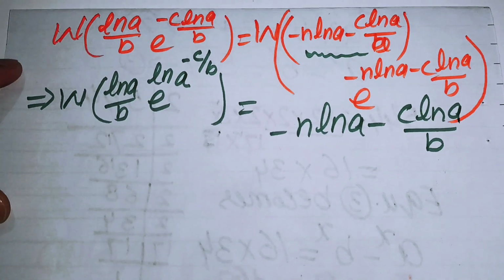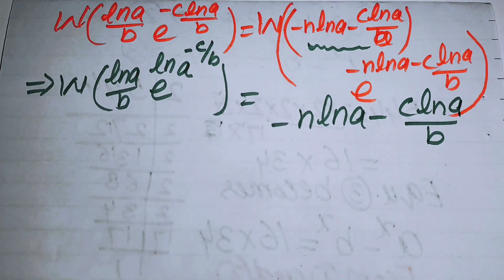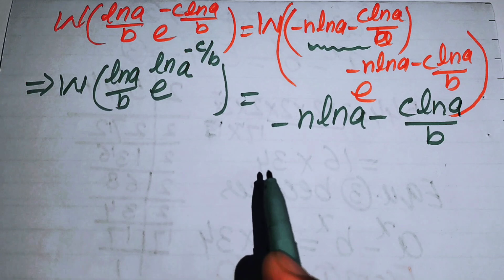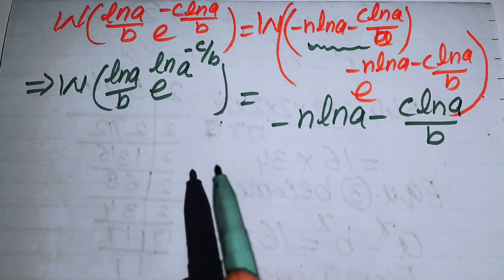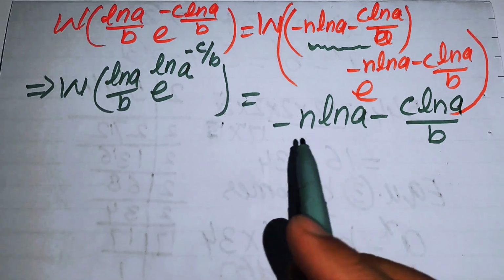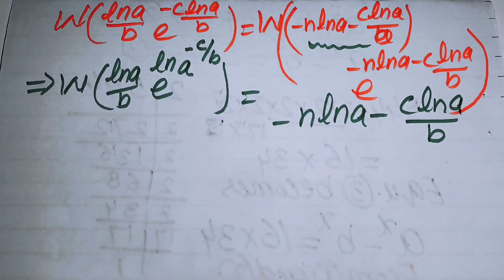So this is the right hand side, and now we make a little bit of simplification here, and we can just divide both of the sides by ln a, because we need to find the value of n.